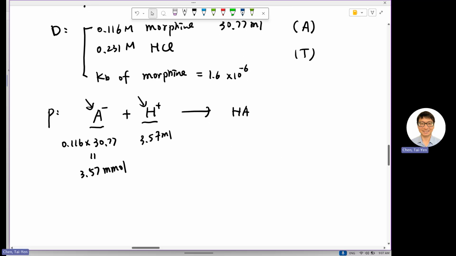Okay, and these two are going to consume each other, right? You're going to minus 3.57, minus 3.57, plus 3.57.